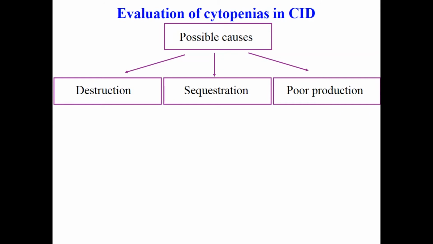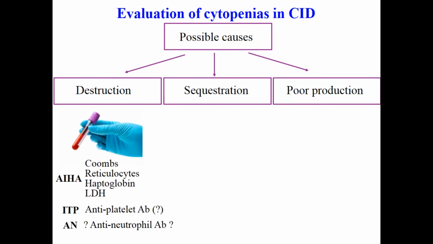The other possibility is sequestration. I mentioned that many of these patients have a large spleen. The spleen may trap the red cells, may trap the platelets, and so you have a low red cell count, a low platelet count because all of the cells are trapped there. More rarely, much more rarely, you have a problem in the production of the red cells or the platelets in the bone marrow. That's poor production.